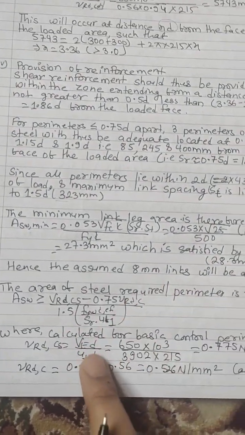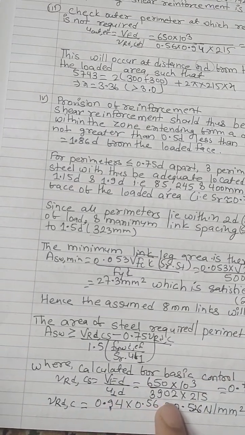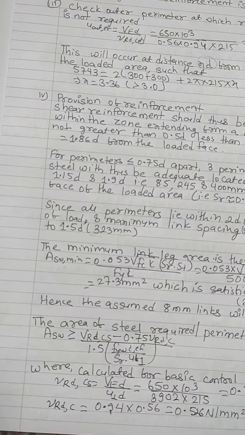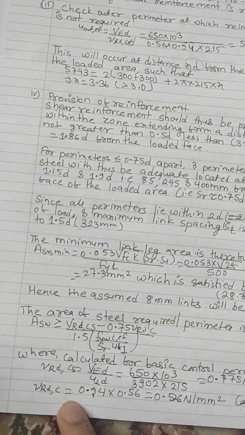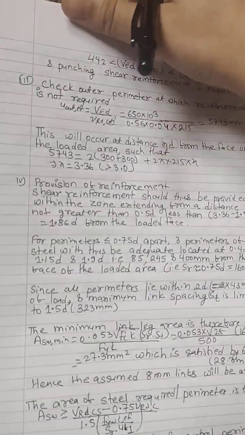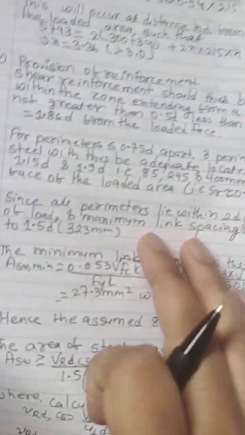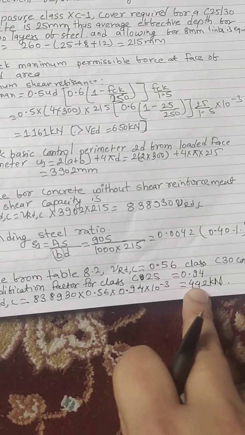We need to resist 650 into 10 to the power 3, u1 is 3902, and d is 215. It is given 0.75, and vRd,c is given previously at the top from table 8.2. I will show you: this is the value vRd,c, 0.56 and 0.94.